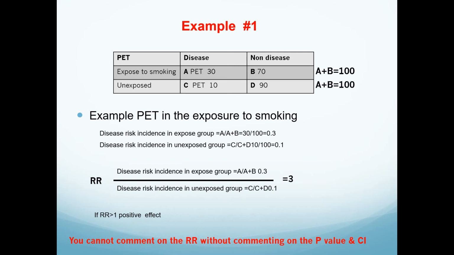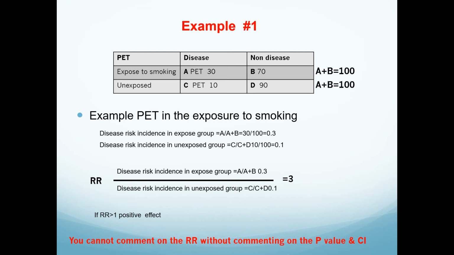We are going to calculate how many of those exposed to smoking will develop the disease. Assume in this study that of the exposed to smoking, 30 out of 100 develop the disease. That means the absolute risk for development of BET in the smoking group is equal to 30 divided by 30 plus 70, which is 100, and it will be equal to 0.3.